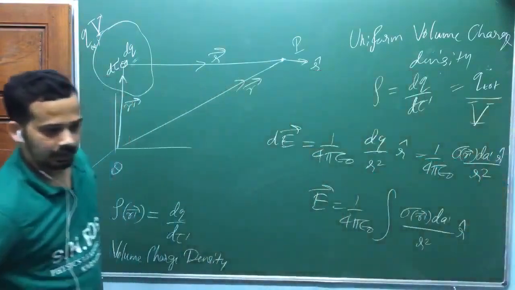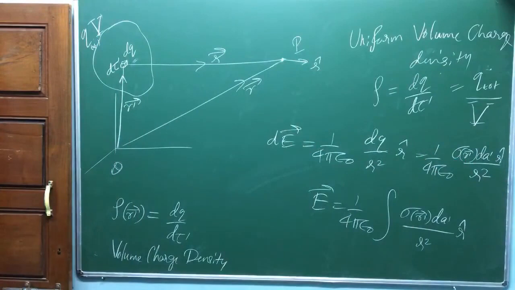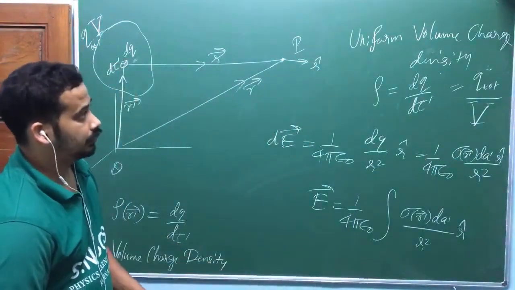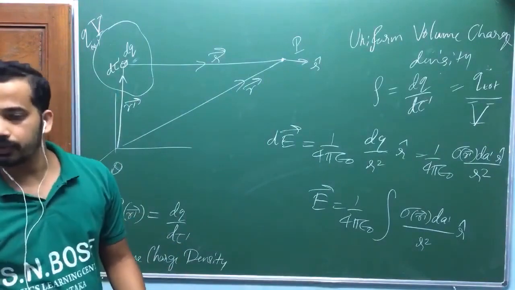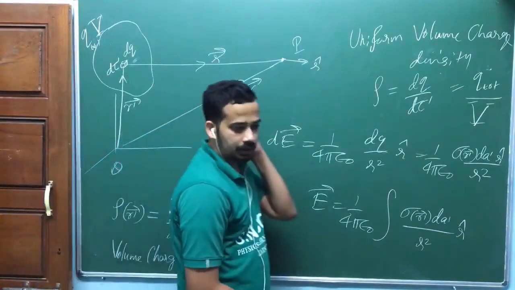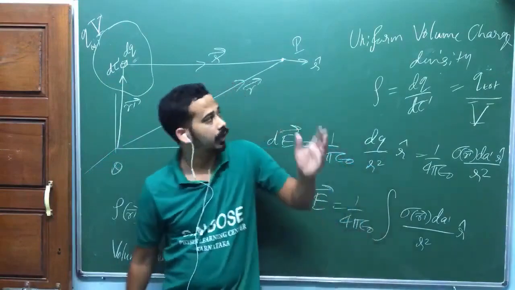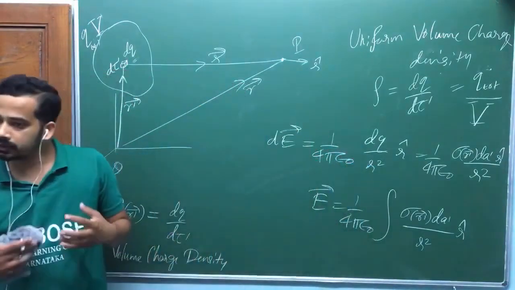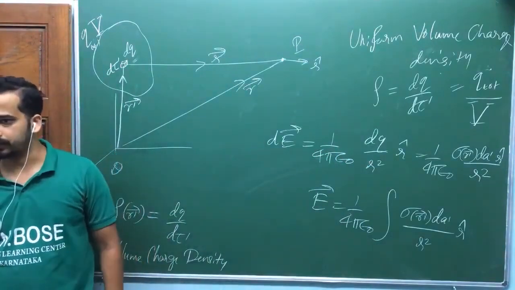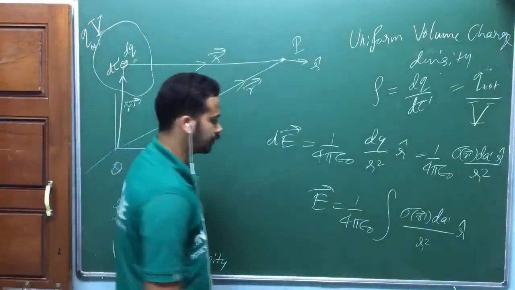In the question, they may not say uniform volume charge density, they may say charges are distributed uniformly. That means uniform charge density.